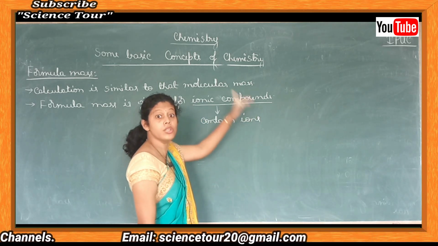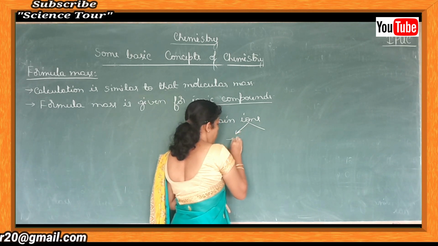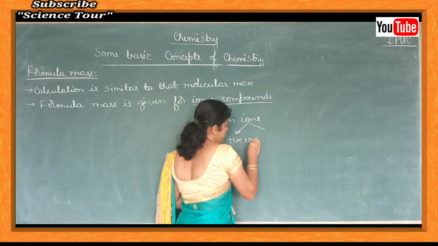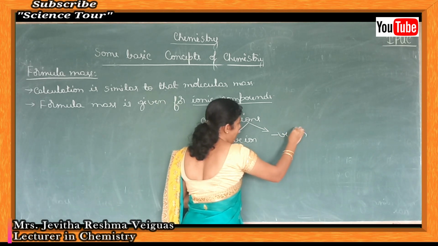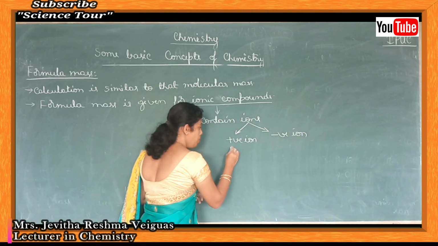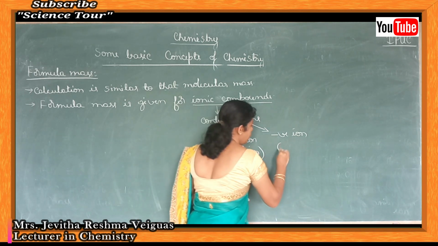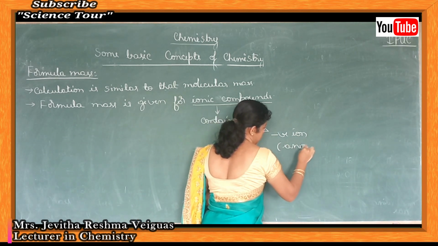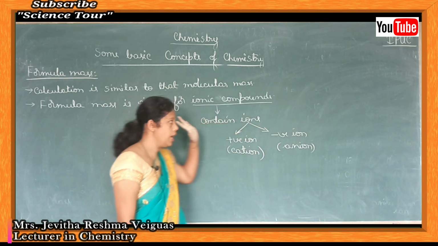Which are the ions present in ionic compounds? Ions may be positive ions and negative ions. Both are present. Positive ions are called cations. Negative ions are called anions. So ionic compounds contain ions, that is cations and anions.